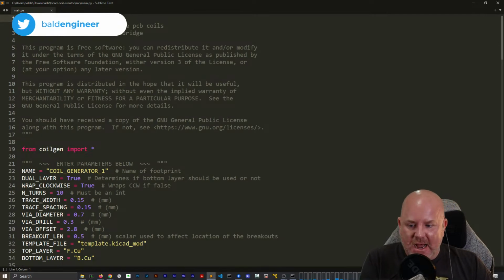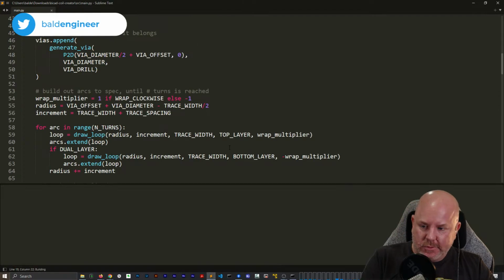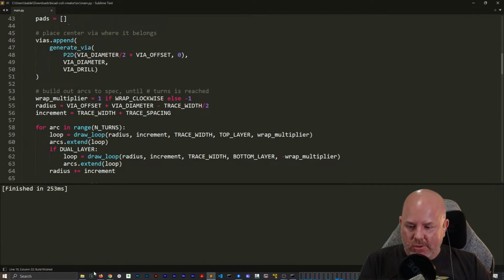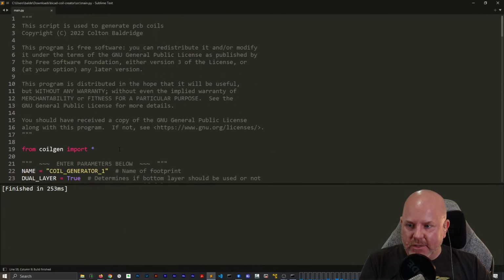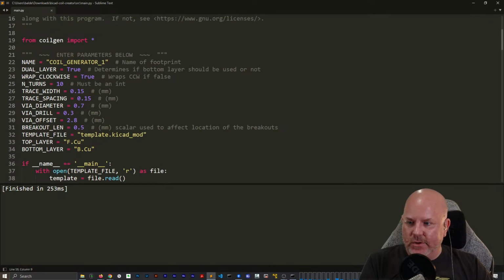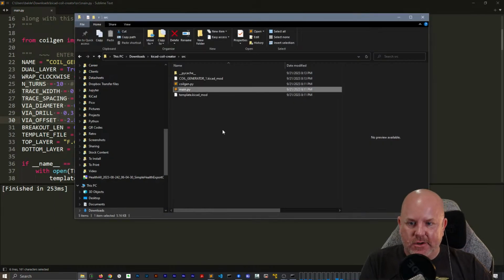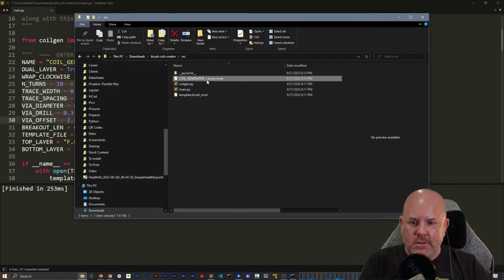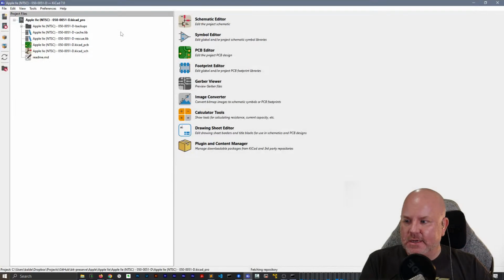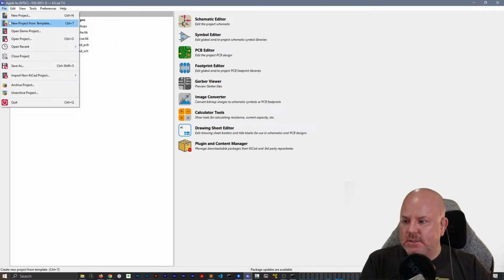Like, it's not possible. The code he posted just straight up doesn't work. So if this works, this is like really close to what I wanted, where I just want to give it the parameters and generate a coil. So let's go fire up my KiCad scratch.